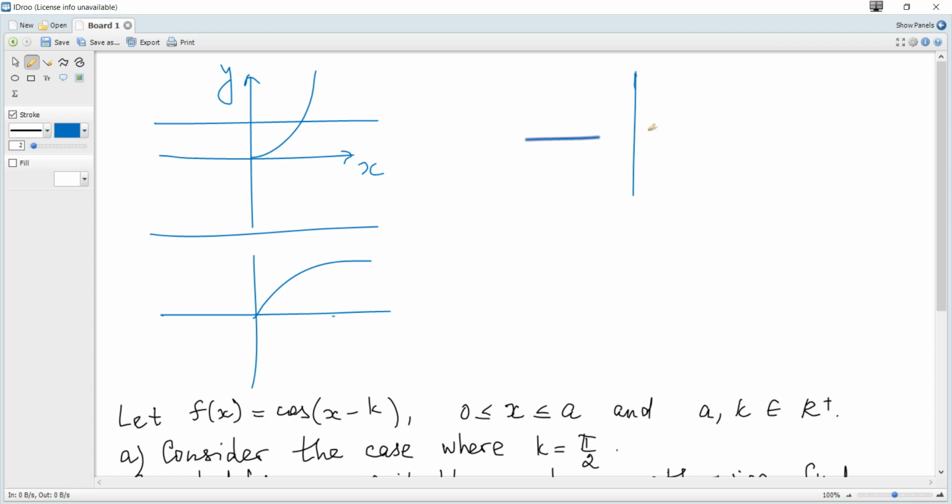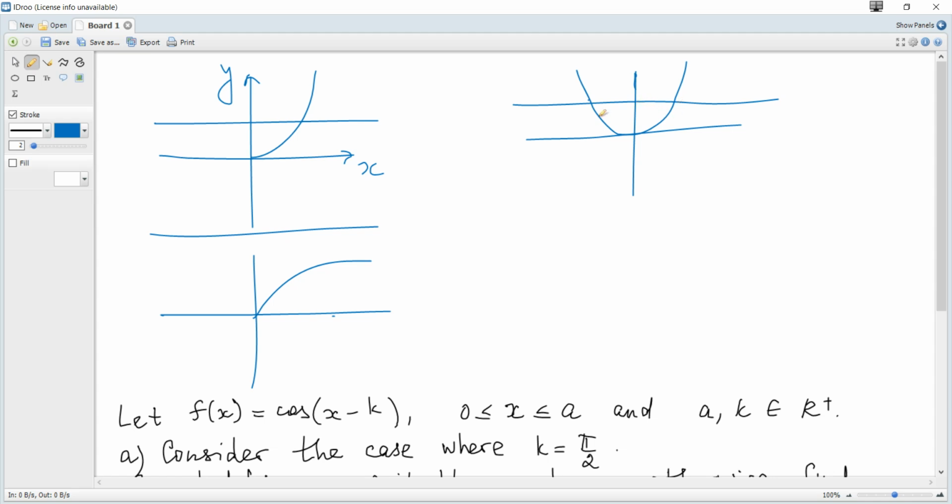For example, if you consider y = x squared, it's not 1-to-1, because if you plot a horizontal line, there are two or more points of intersection, so it doesn't pass the horizontal line test.